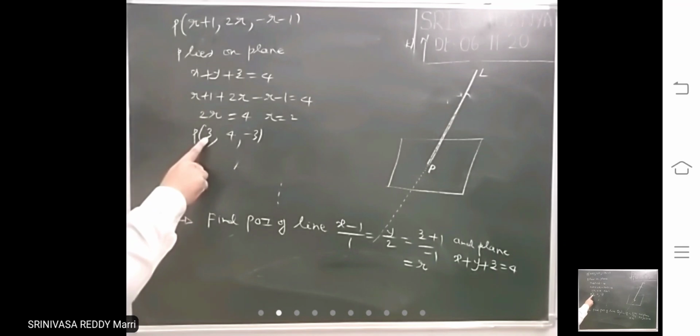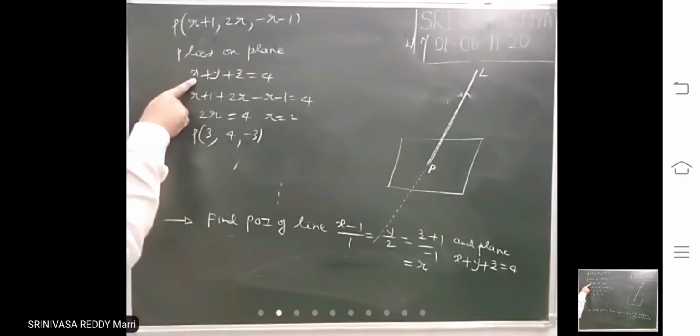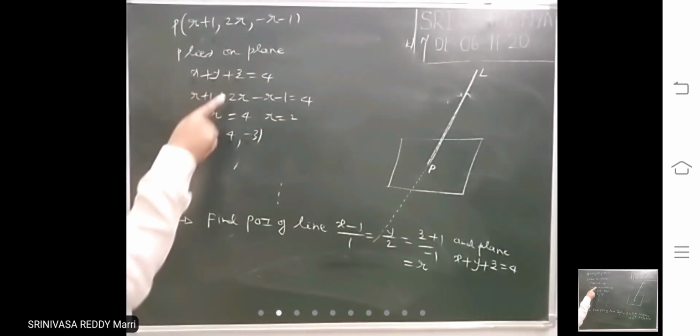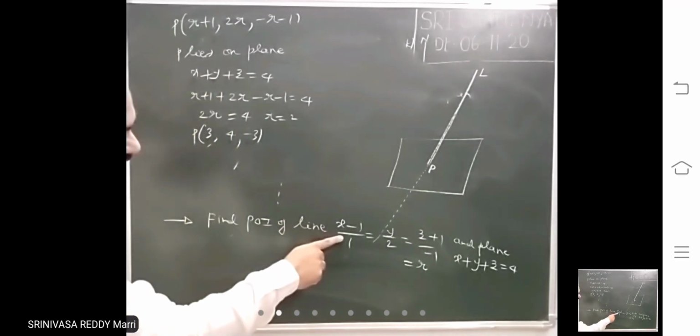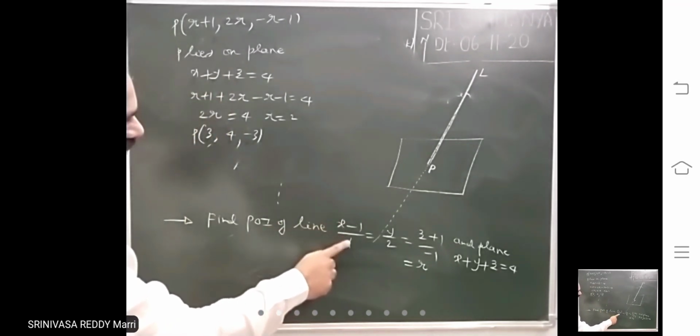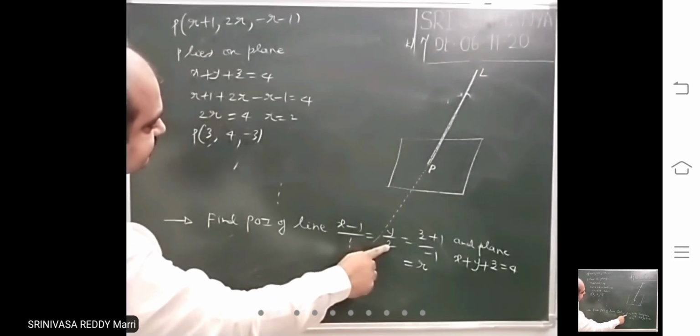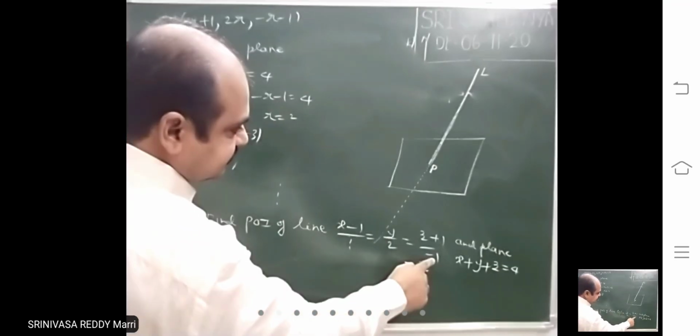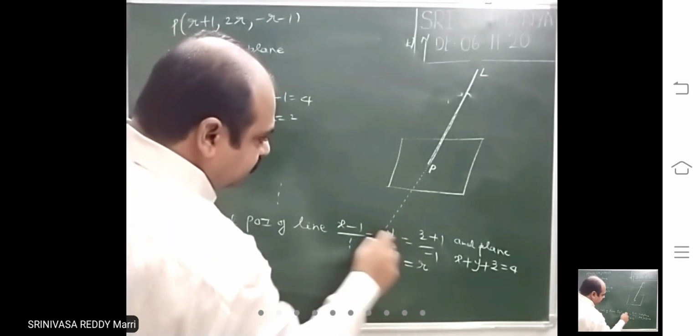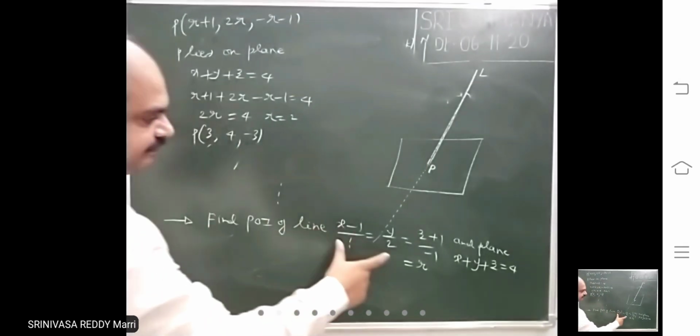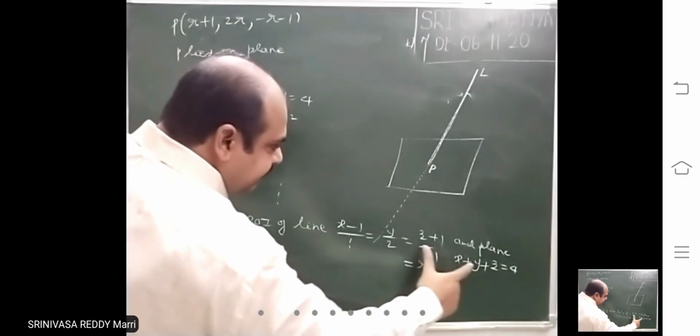Look at this point: if you substitute in the plane, 3 plus 4 minus 3 satisfies 4. If you substitute in the line, (3 minus 1)/1 is 2, 4/2 is 2, and (minus 3 plus 1)/minus 1 is 2. That means this point lies on the line as well as the plane.